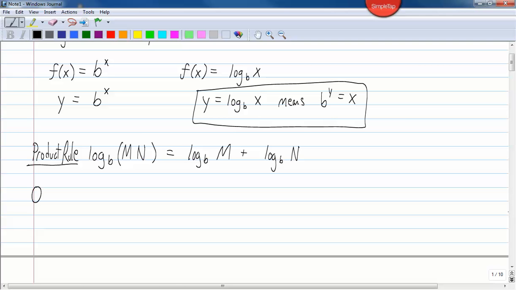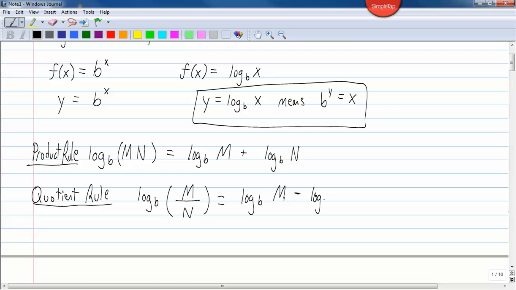We also have a quotient rule for logarithms, and it states that if you have log base b of a fraction or a quotient, say m divided by n, that's equal to log base b of m minus log base b of n.